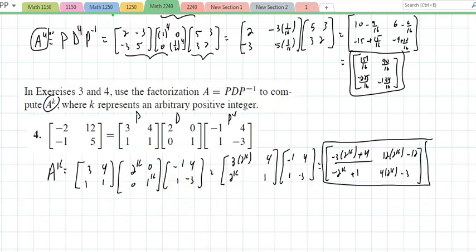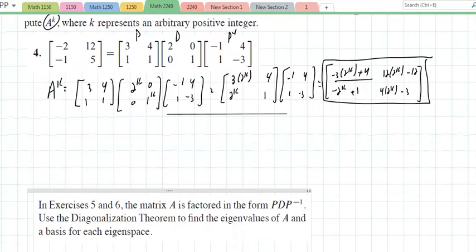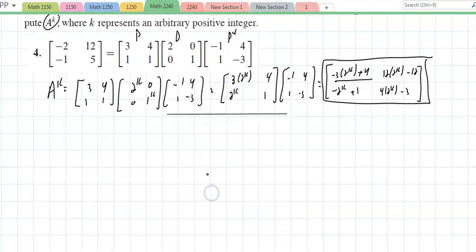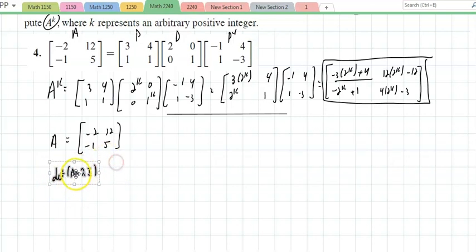Now, really quick, I just want to show you something that pretty much ties many sections into one. Given A to be negative 2, 12, negative 1, 5, if I take the determinant of A minus lambda I, let me do that right here.